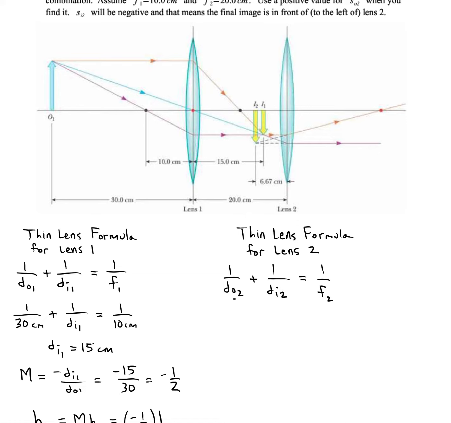But we technically don't know the distance of object 2 just yet. We have to find it. We do know that this distance here from lens 1 to image 1 is 15. But how far away is that image from lens 2?